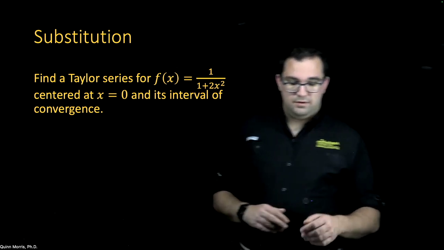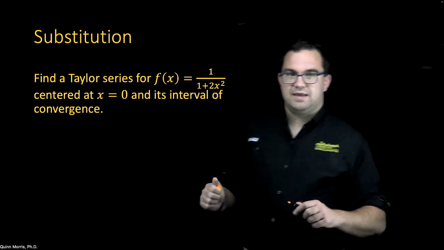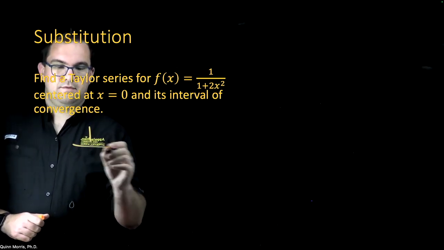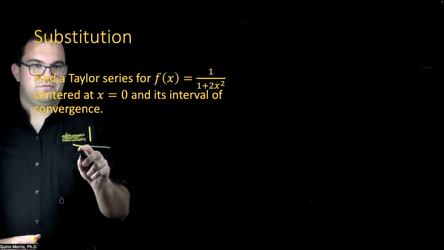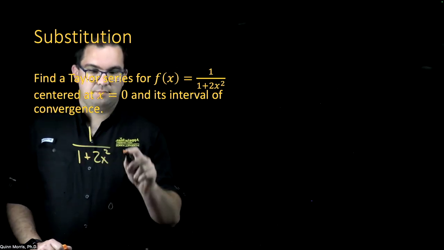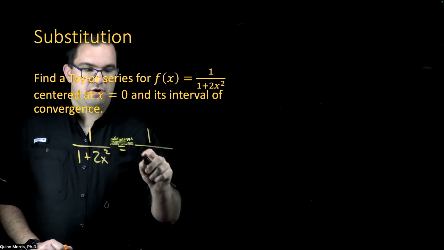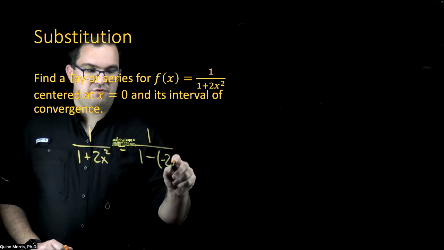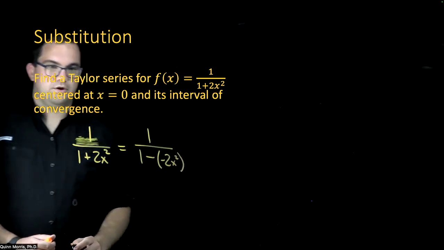Certainly you could do that, but here we can actually take advantage of something else, namely that if I look at this function, I can realize it as a composition of the function 1 over 1 minus x and the function minus 2x squared.